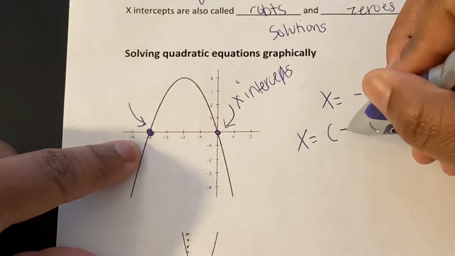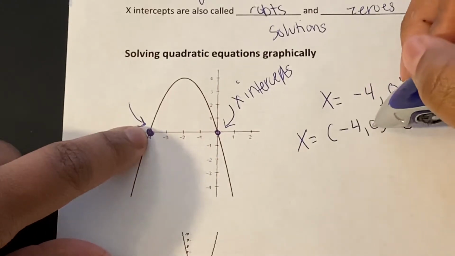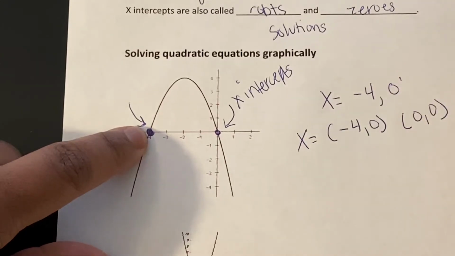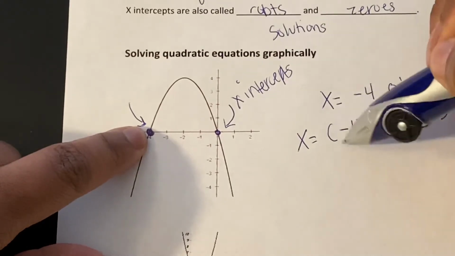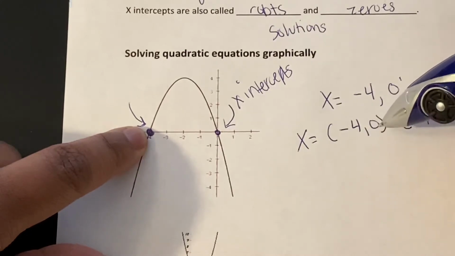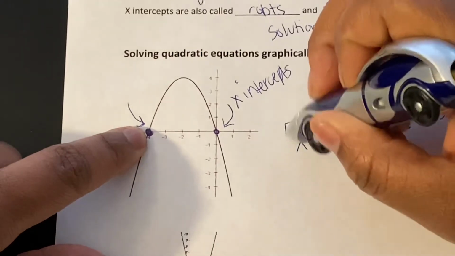Because these are the points where the graph touches the x-axis and y is 0. So whenever you're writing an x-intercept as a point, you always have to write whatever the number of the x is and then 0, because always in x-intercepts, the y value is 0. Okay, so this would be your answer.